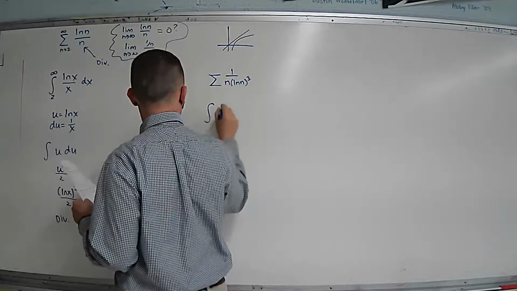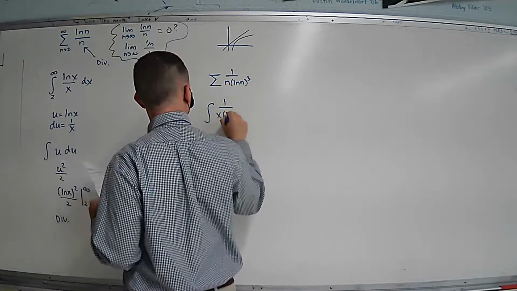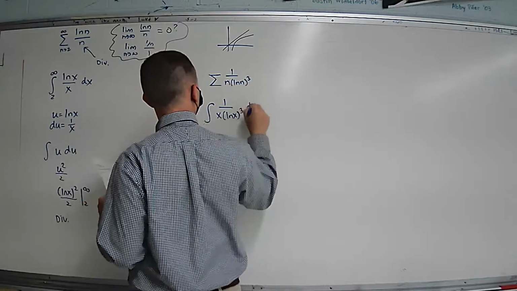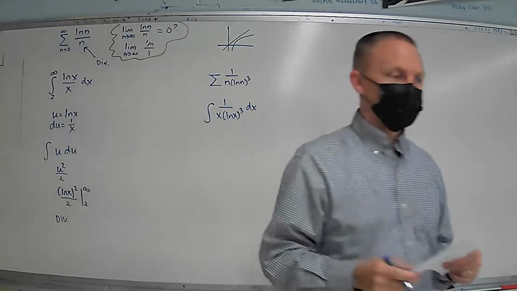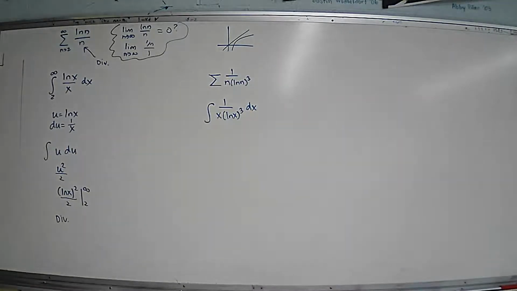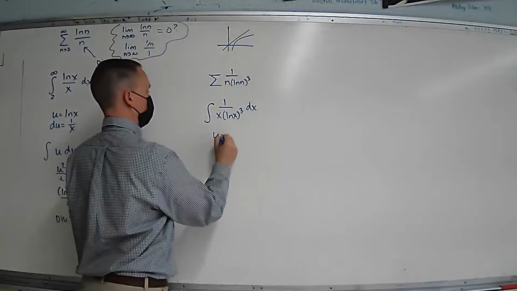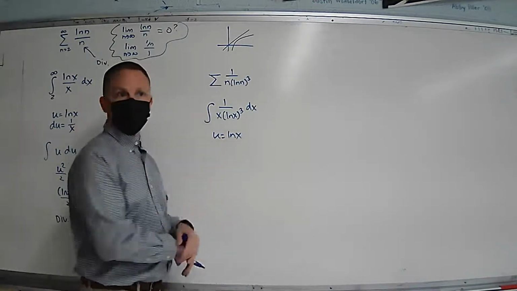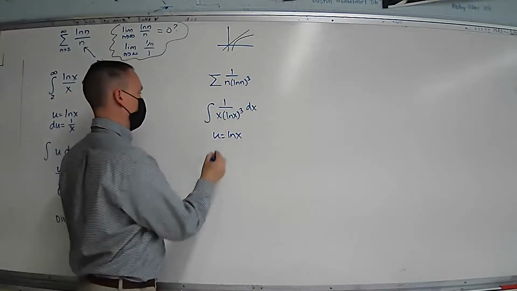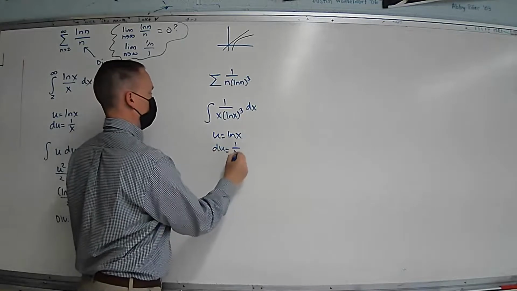You're going to do the integral test on this. This is also a u sub. So u is natural log, and du is 1 over x.